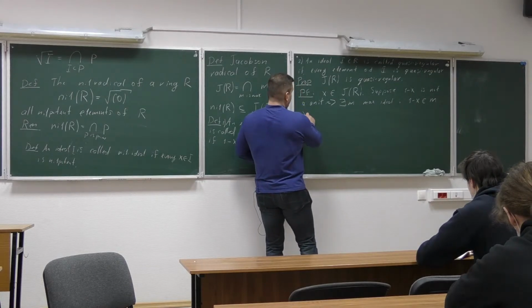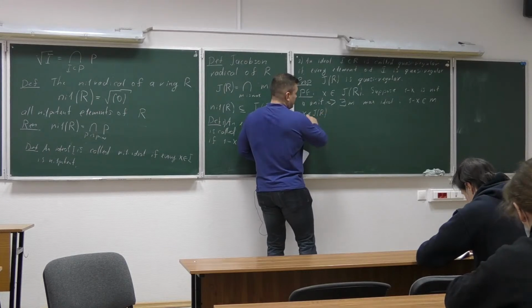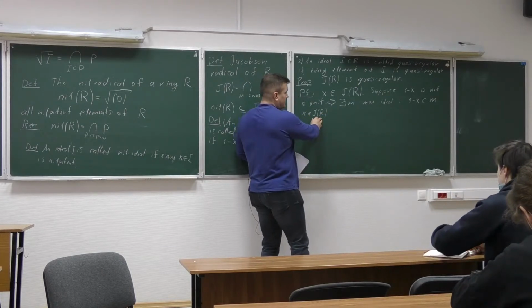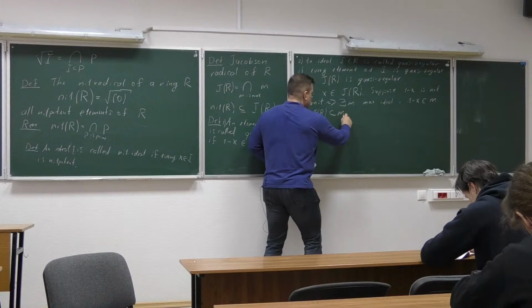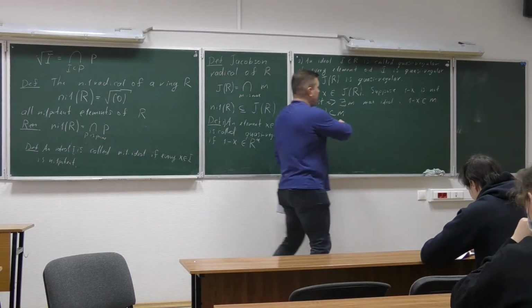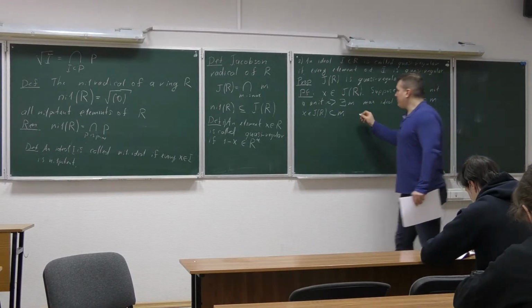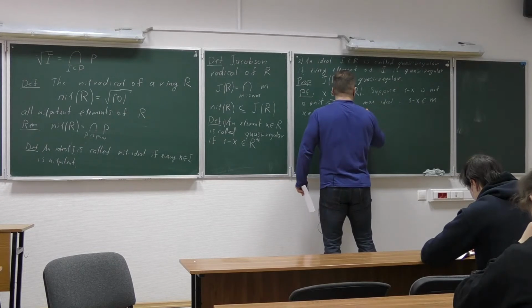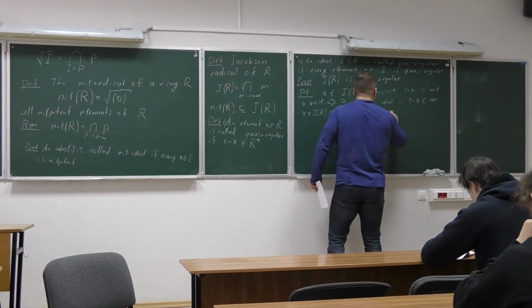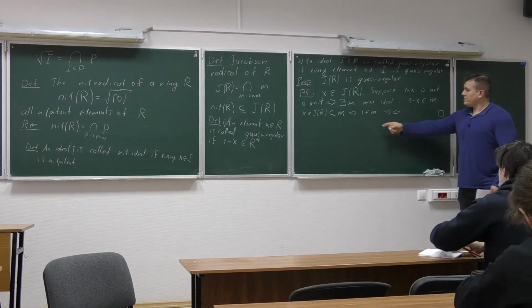But I know that x is an element of the Jacobson radical, and the Jacobson radical, as an intersection of all maximal ideals, is contained in any maximal ideal. So what I see is that x is in M and 1 minus x is in M. So 1 is in M. And that's a contradiction, because then M is not a proper ideal, M is just the whole ring.